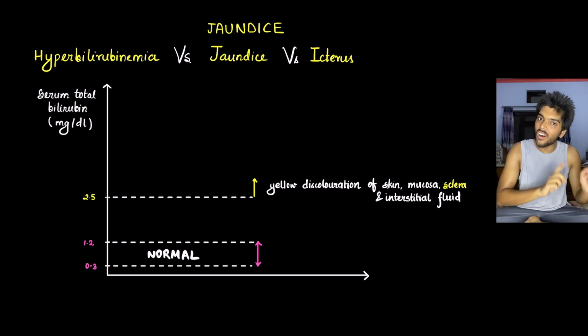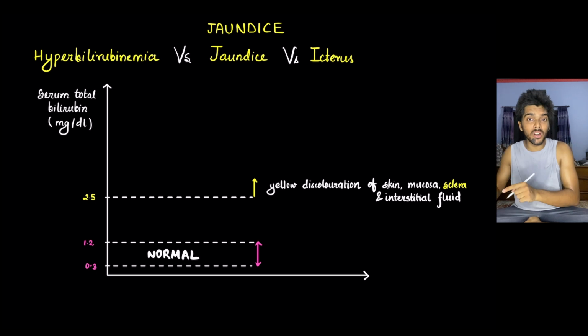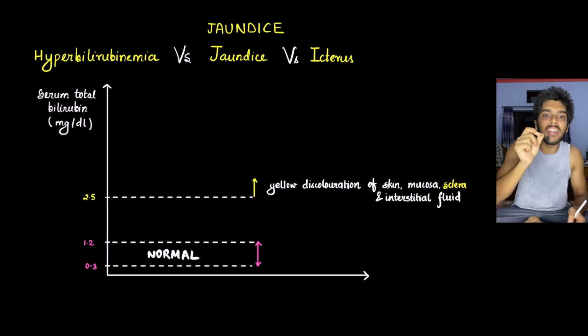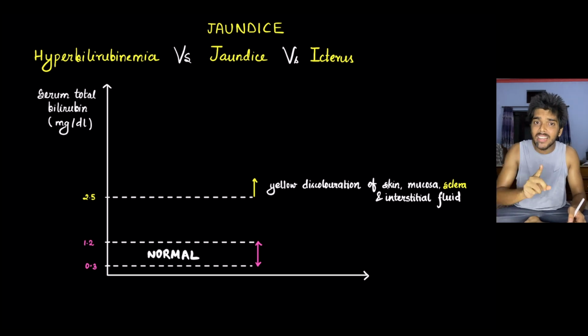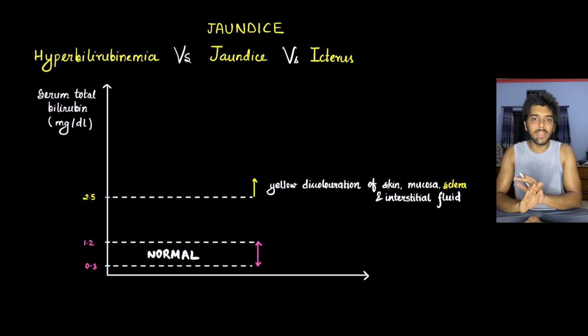That means not all hyperbilirubinemia leads to jaundice, but when there is jaundice, it is due to significant hyperbilirubinemia, at least 2 to 2.5 milligram per deciliter of total bilirubin in blood serum. I can't make the concept clearer than this.